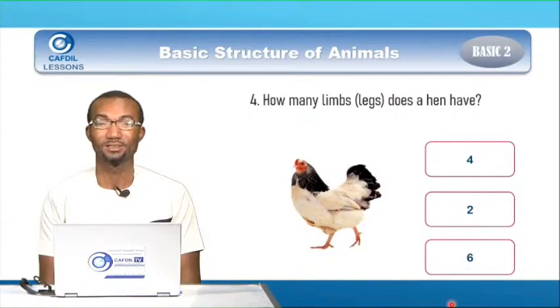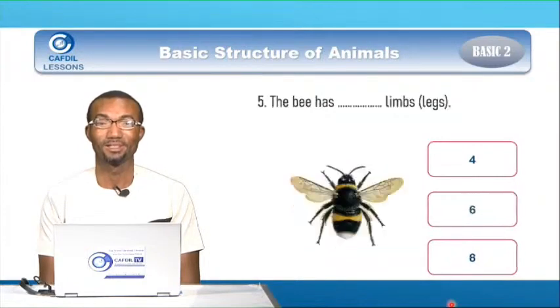You can count how many? 2. Very good. So this hen has 2 legs. And the last one, the bee has dash legs. So kids, count. How many legs? Great. 6. So the bee has 6 legs.